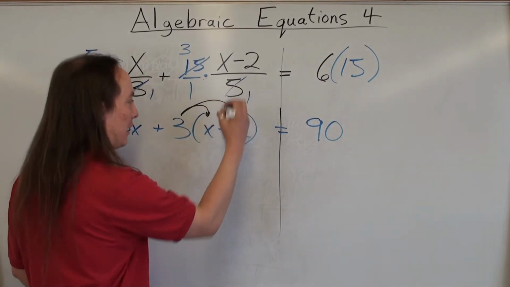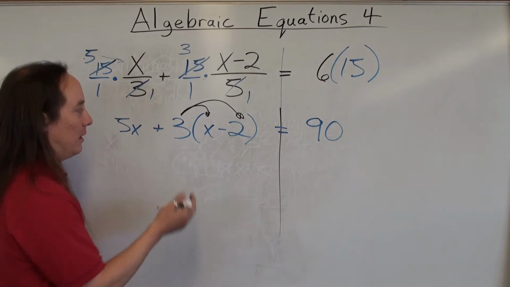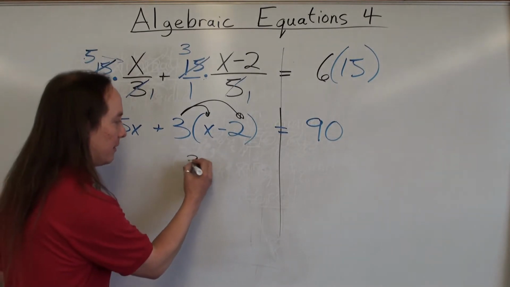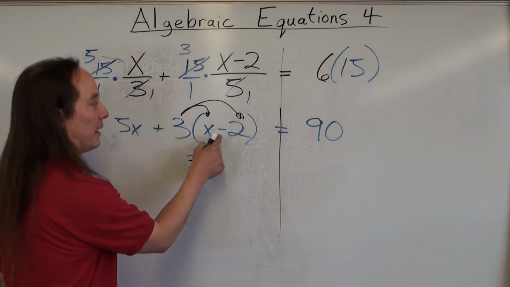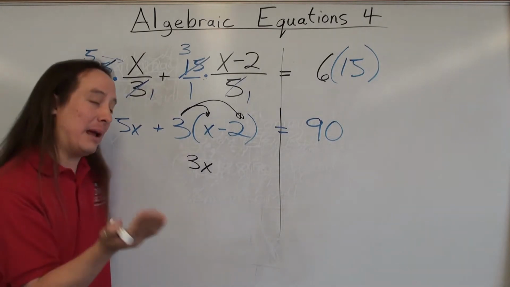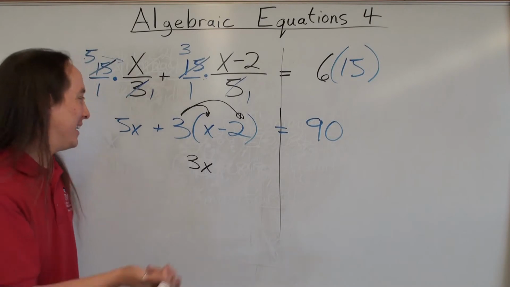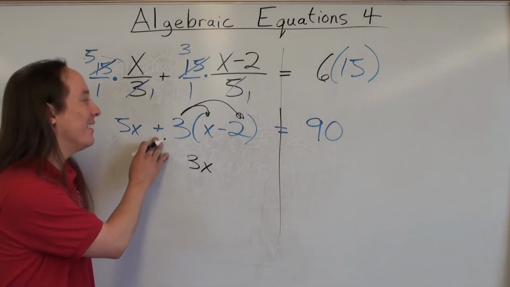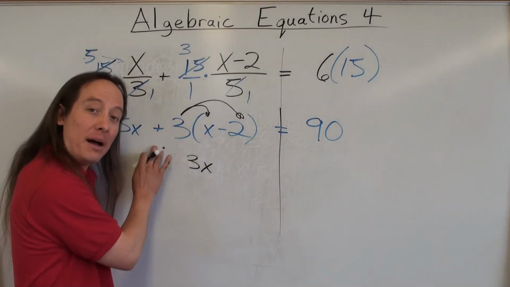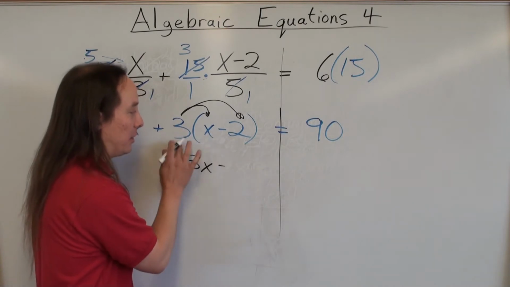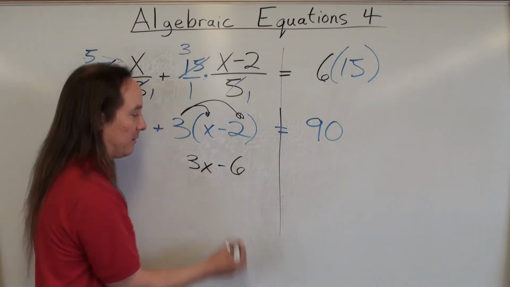So let's go ahead and, I like drawing my little arrow thingies. 3 times x is 3x. 3 times negative 2. Remember, we're multiplying, so we have to keep the signs under control. This is a positive 3 times a negative 2. Positive times a negative is a negative, so 3 times 2 is 6, so it's negative 6.